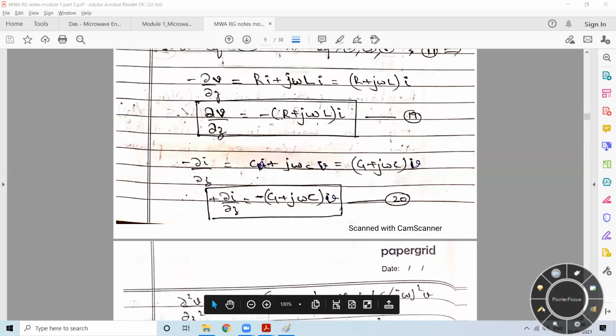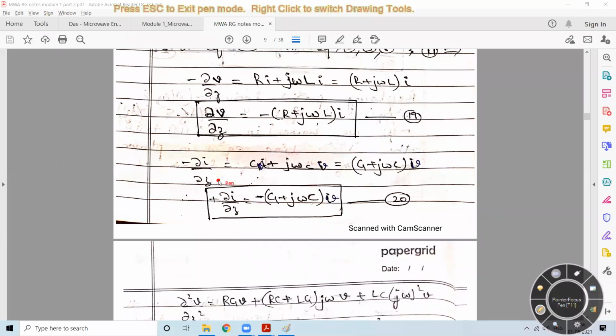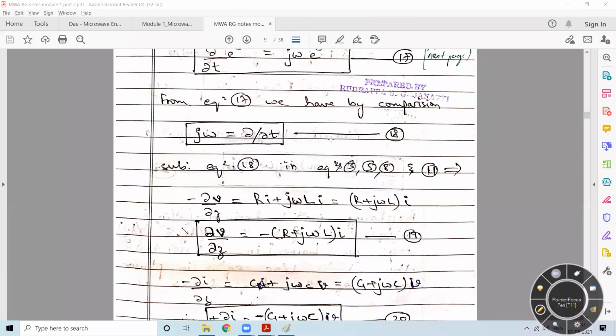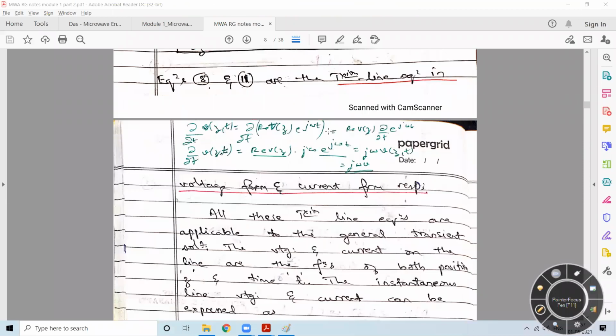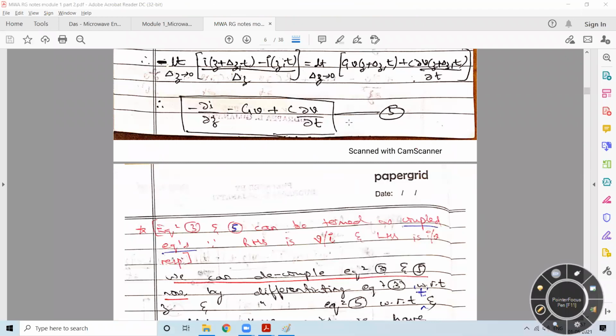Here we have dou v by dou z is equal to minus r plus j omega L into I. And similarly, for the other equation, minus dou I by dou z, when you replace dou by dou t with j omega, because that parameter is present over there, this is the final equation we are obtaining. So c into j omega into v, it will be in terms of v.